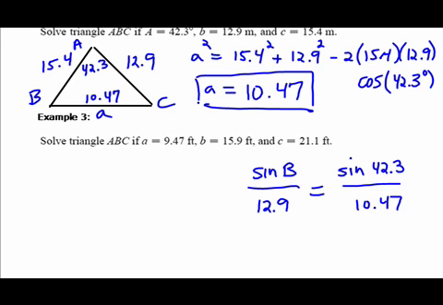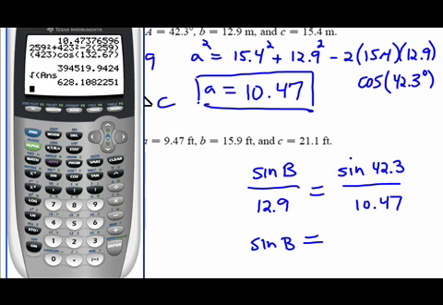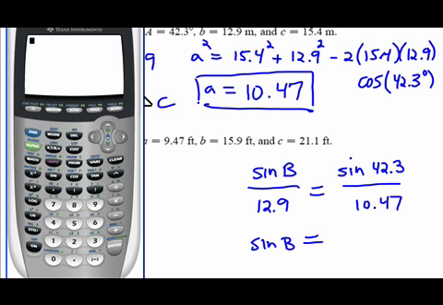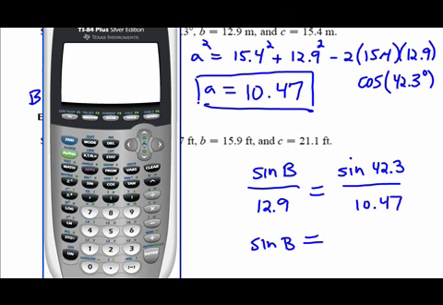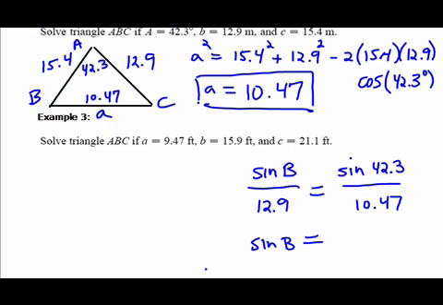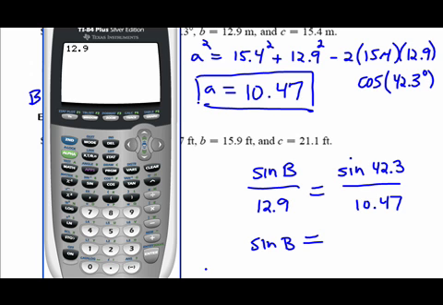So sine of B ends up being, we're going to cross multiply and divide, 12.9 times sine of 42.3, and then we divide that by 10.47.